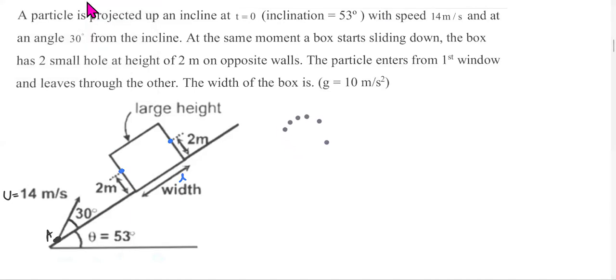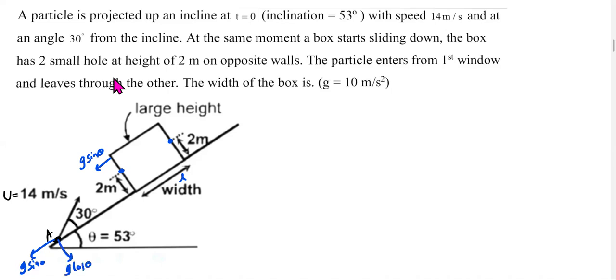How to solve this problem? The box will have acceleration g sine theta along the incline. The particle will also have acceleration g sine theta along the incline, and normal to the incline, g cos theta.